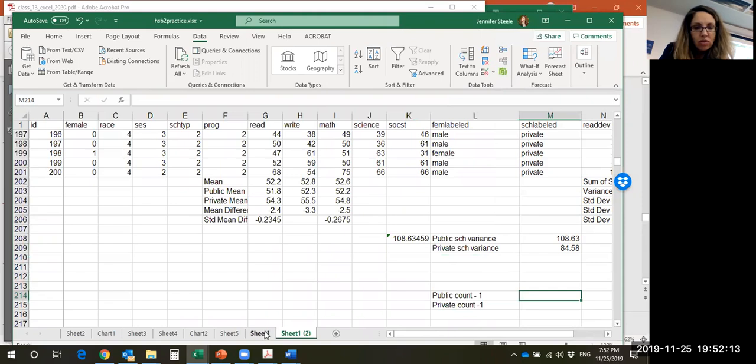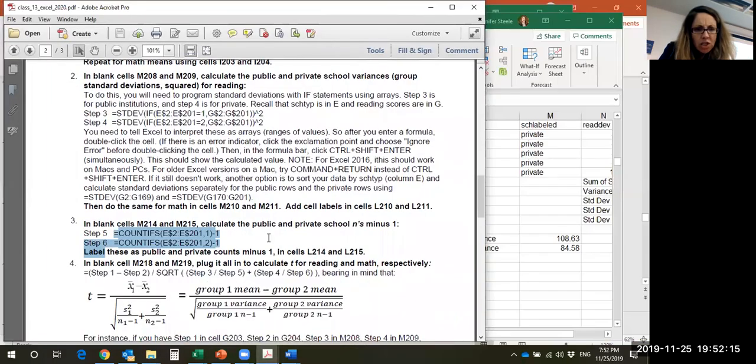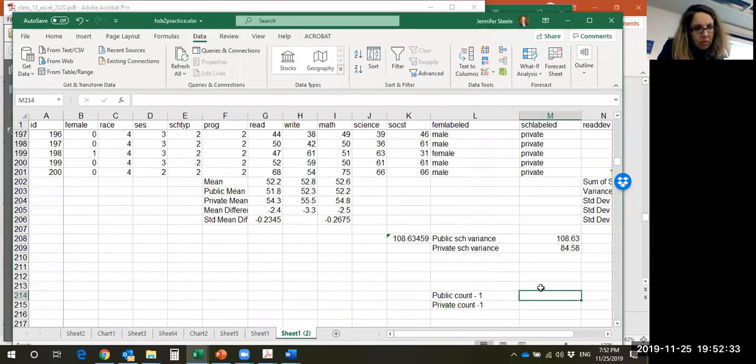So to do those counts, you would do COUNTIFS. It's not COUNTIF, but COUNTIFS. So copy that formula, paste it into M214. M214, yes.